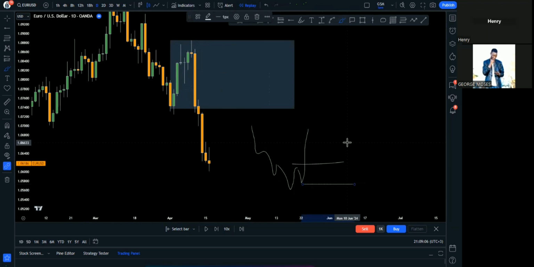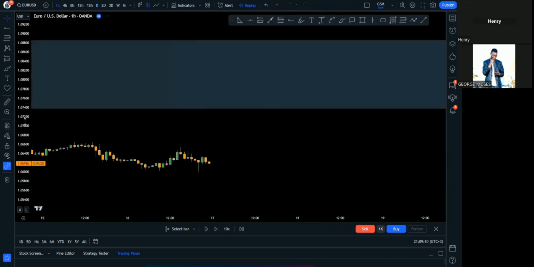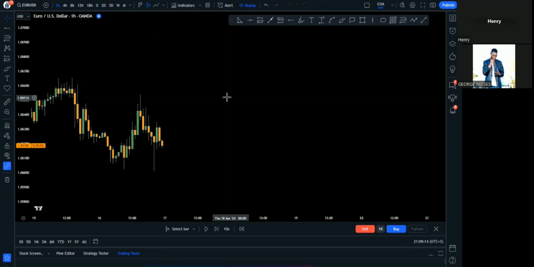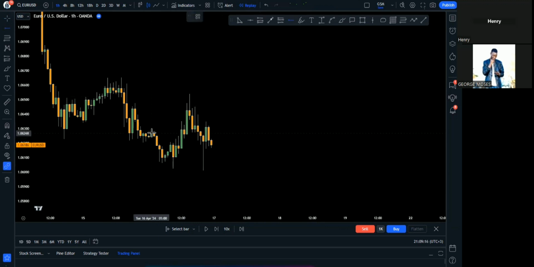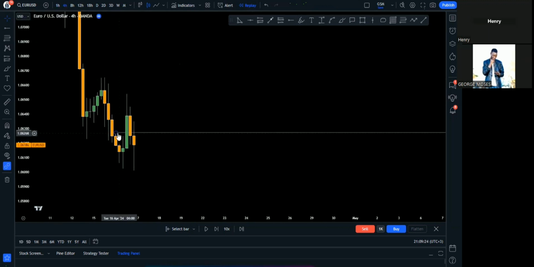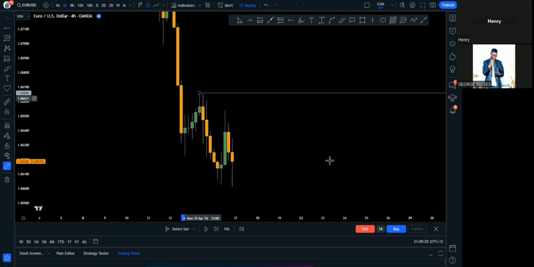So if you go into the 1 hour, now you can see there was something like this. First of all, you can say I see this shift here. The market is shifted here. But was this shift validated? Let's go to the H4. Where is the H4 shift to validate the H1? Above here, right?